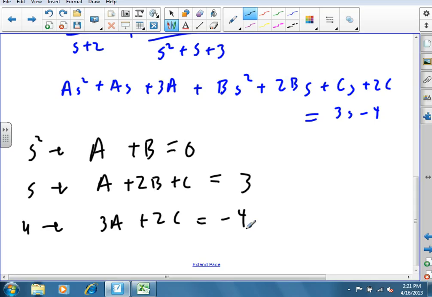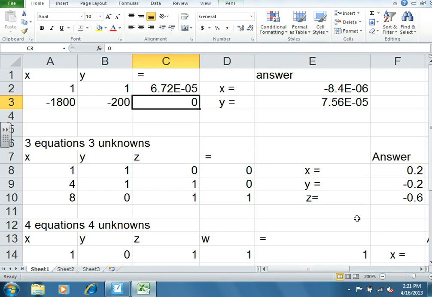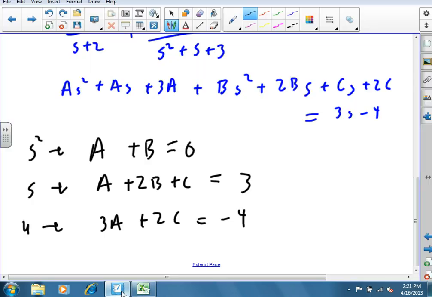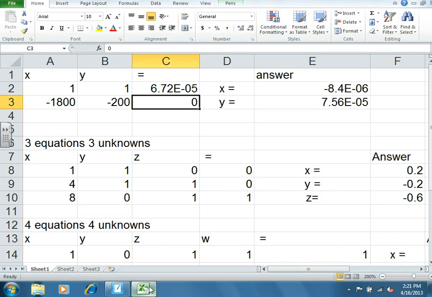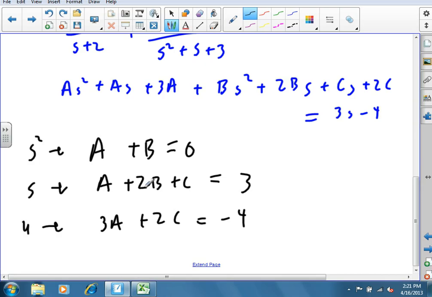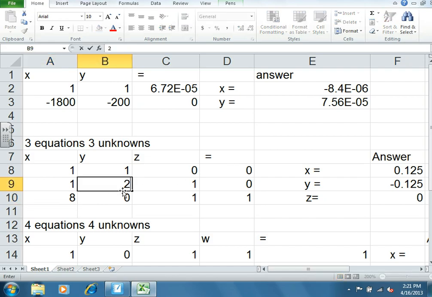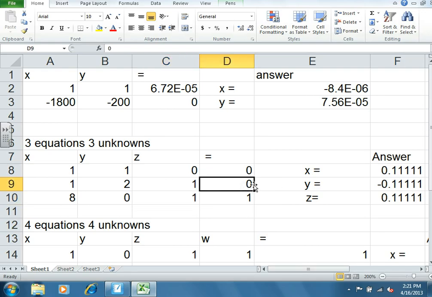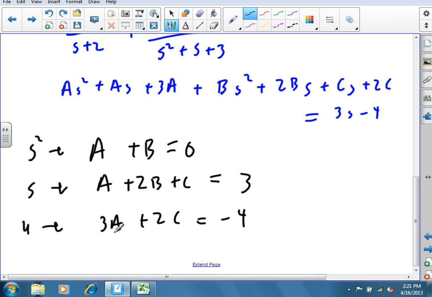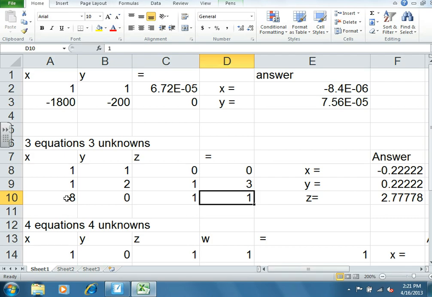Okay, so now I have 3 equations, 3 unknowns, and I have my formula for 3 equations, 3 unknowns open. So I'm going to put in the coefficients: 1, 1, 0, 0, then 1, 2, 1, 3, then 3, 0, 2, minus 4.